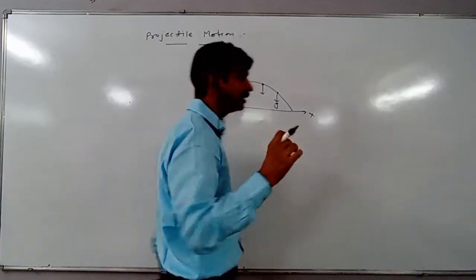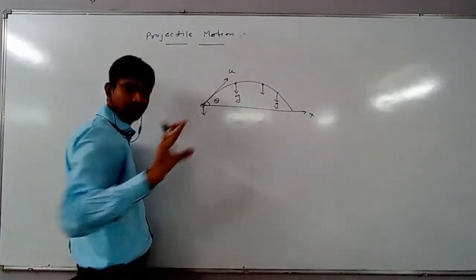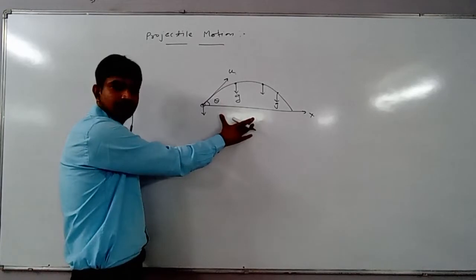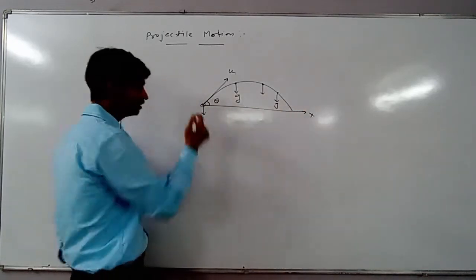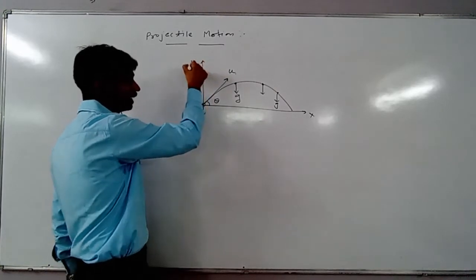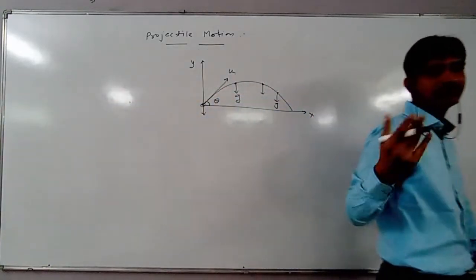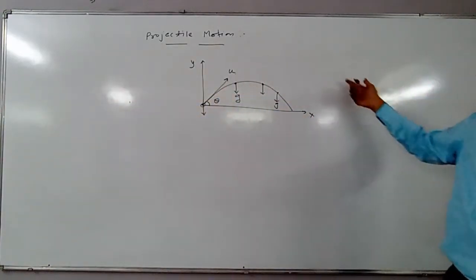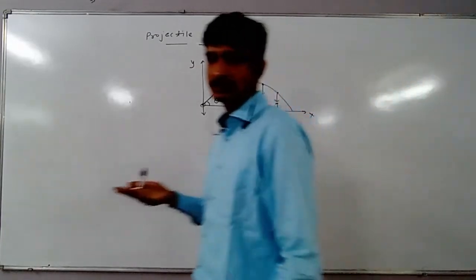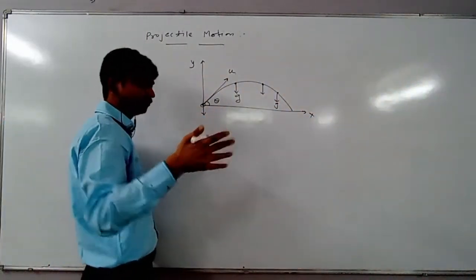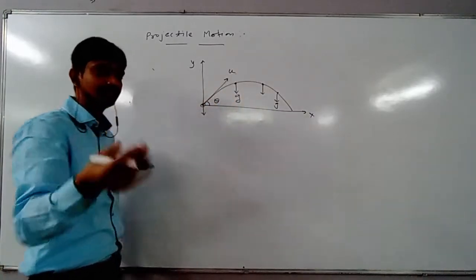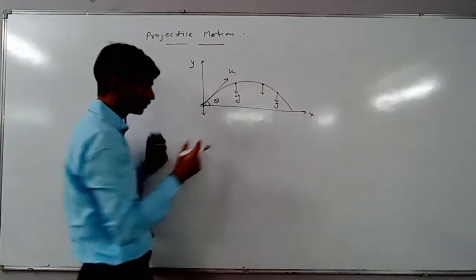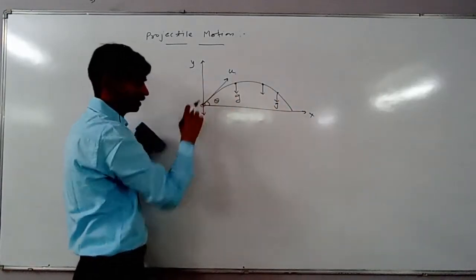But it is highly recommended that in this type of horizontal projectile, take the horizontal axis as the x-axis and the vertical axis as the y-axis, so that we can solve the equations very easily. Otherwise, there will be complications. If you want to study by taking this as the x-axis and this as the y-axis, then we will study it later. Okay? Take this as the x-axis, y-axis.